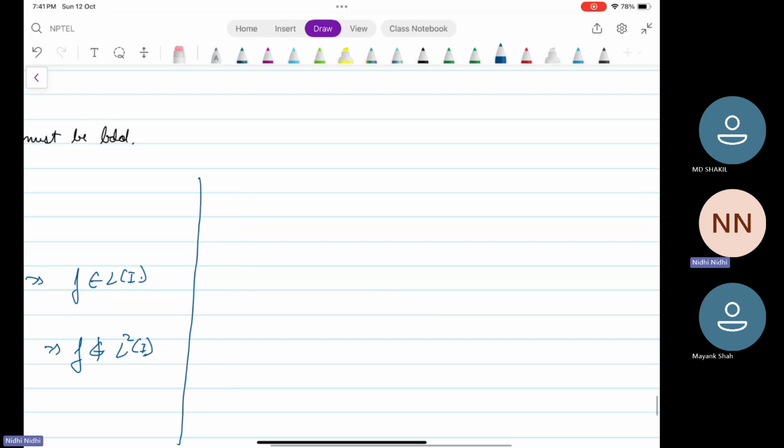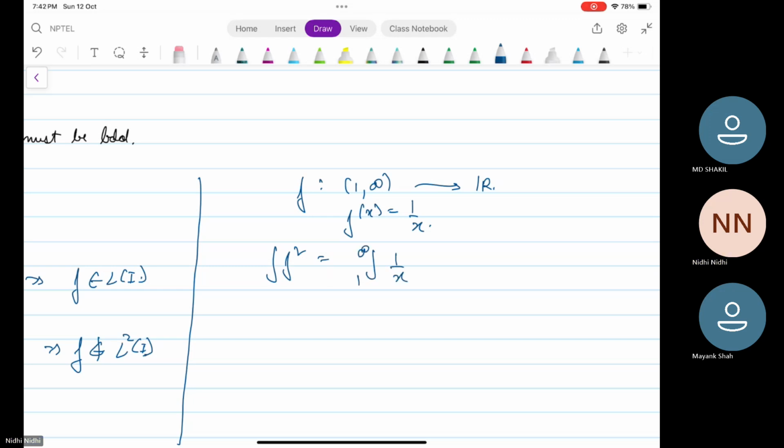If I take f from 1 to infinity to R, f of x equals 1 by x, then the integral of f squared, 1 to infinity of 1 by x squared, is x to the power minus 1, and this will be finite.